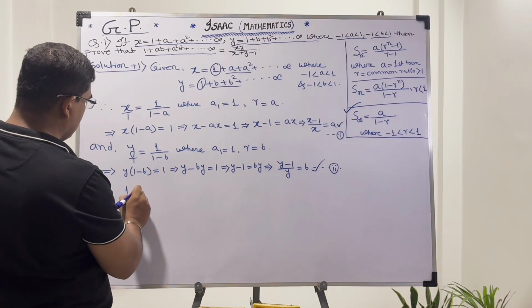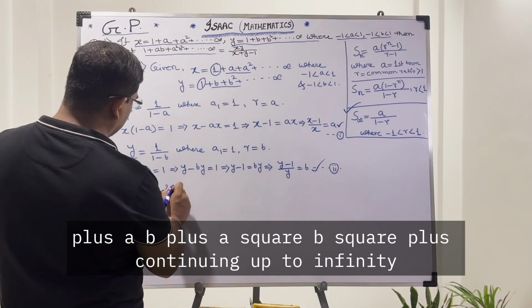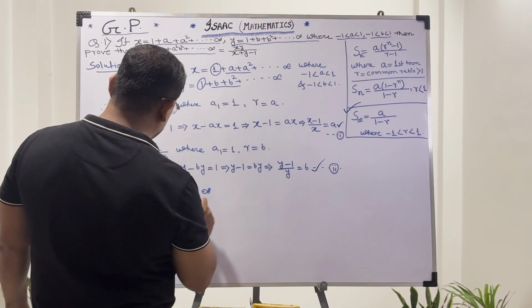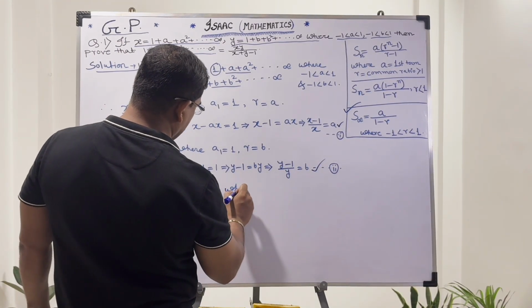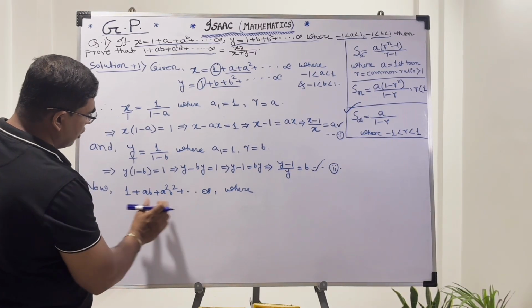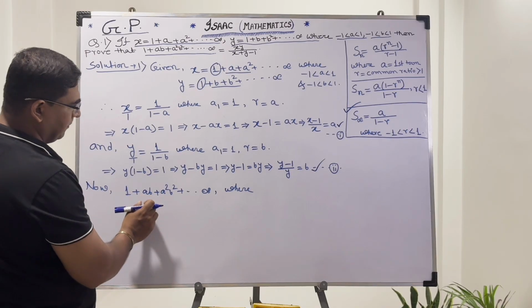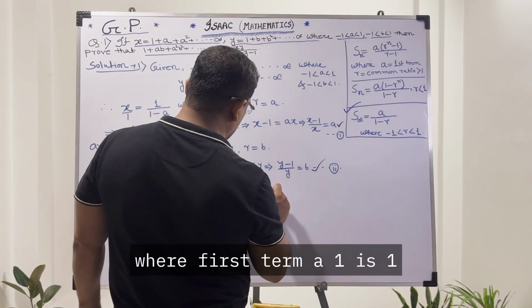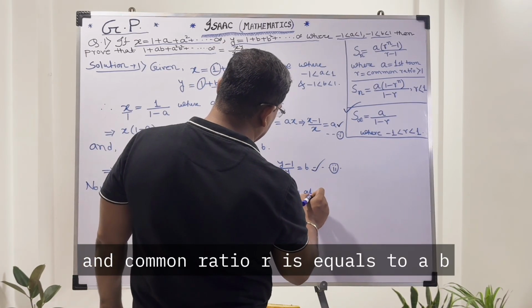Now, 1 plus ab plus a square b square plus continuing up to infinity. This is also an infinite GP where the first term a1 is 1 and the common ratio r equals ab.